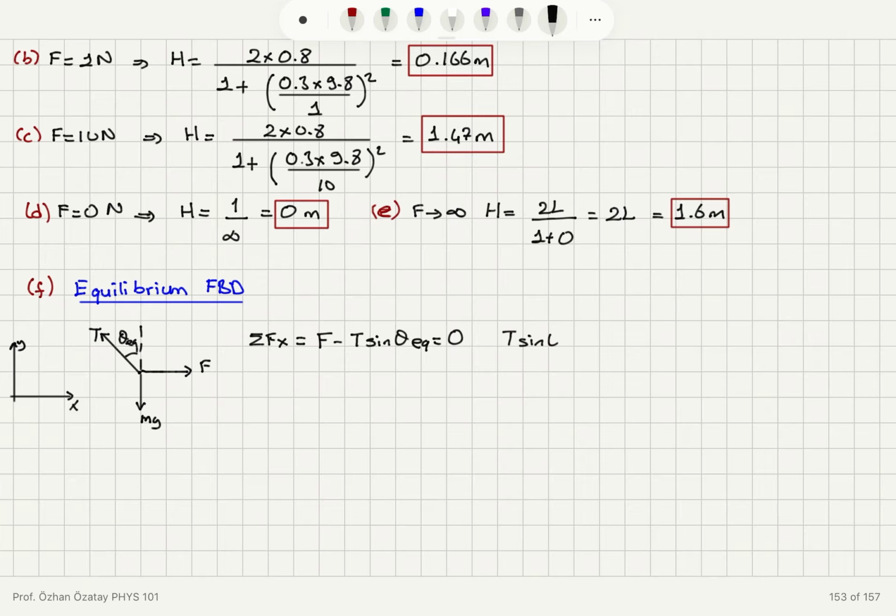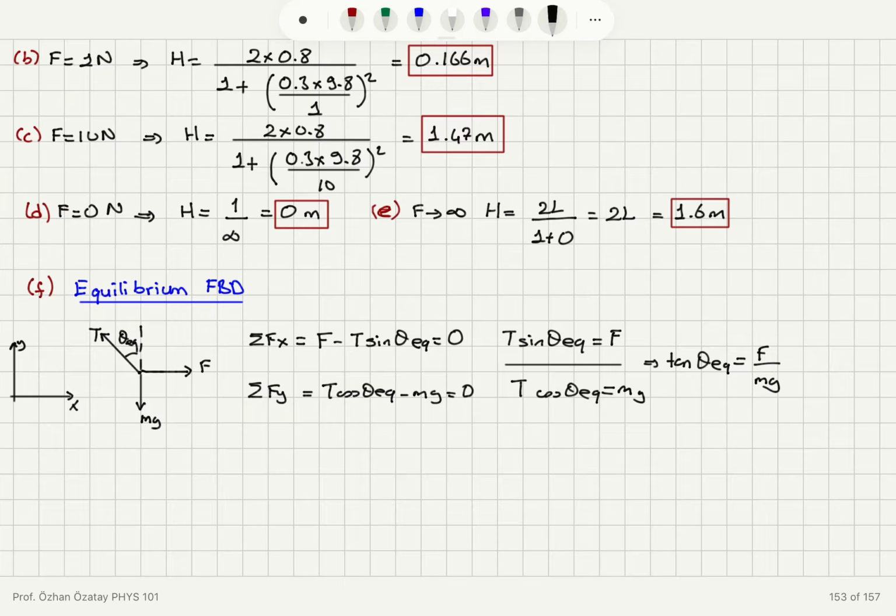So T sine theta equilibrium must be equal to F. And the net force on y should be 0, which means T cosine theta equilibrium minus mg equals 0, or T cosine theta equilibrium is mg. So I want to divide these two equations to find tangent theta equilibrium. Tangent theta equilibrium is F divided by mg.